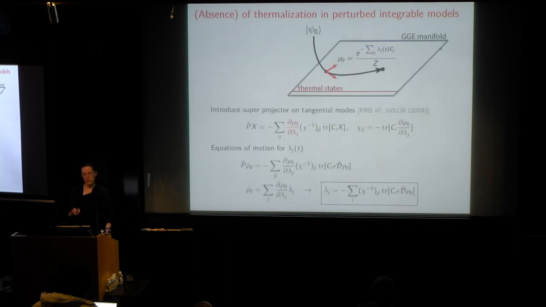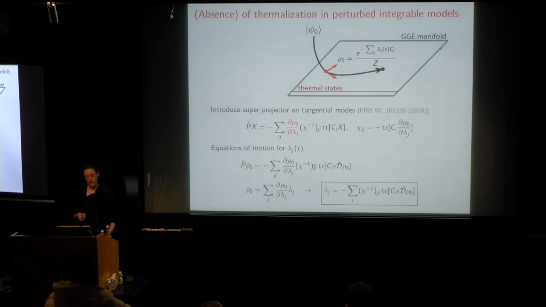The evolution of these generalized temperatures or Lagrange multipliers can be extracted by using some sort of super projector, which essentially introduces tangential modes in this GGE manifold and gives a weight to how much I'm flowing along each of these slow modes, which are the tangential modes in the manifold. So in the moment you are in a GGE, it just asks how much do I move along different dρ/dλ modes.